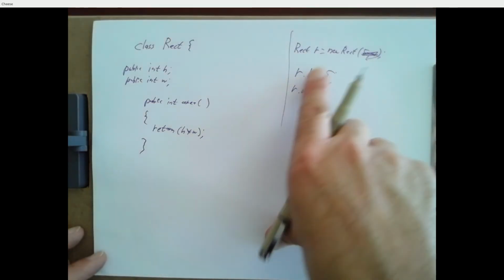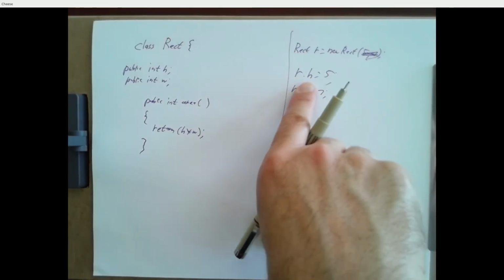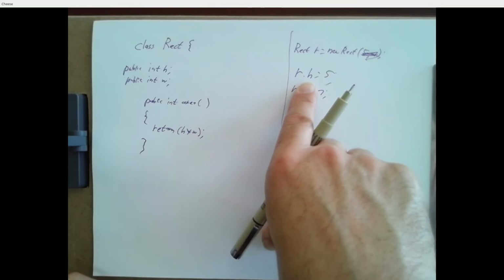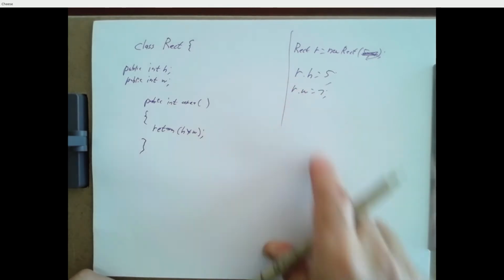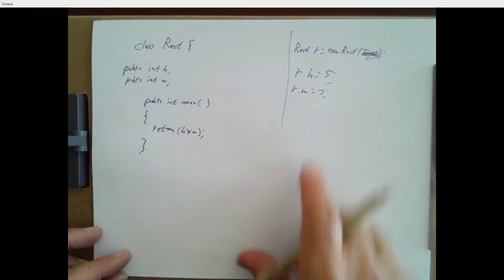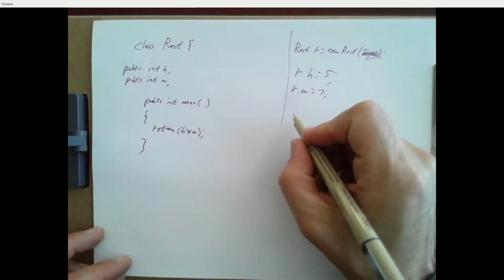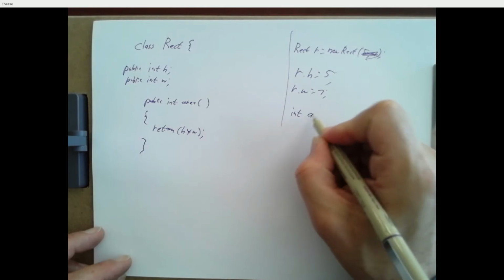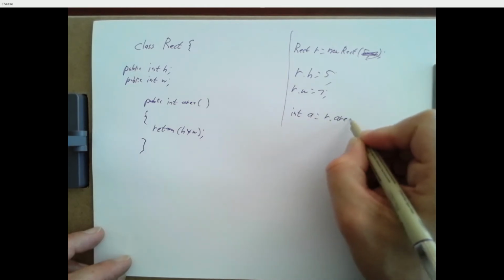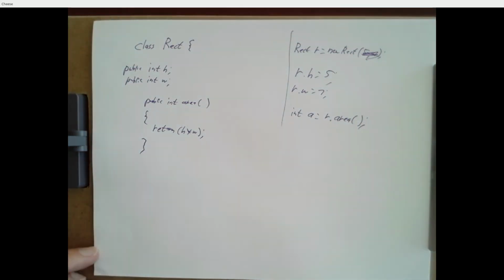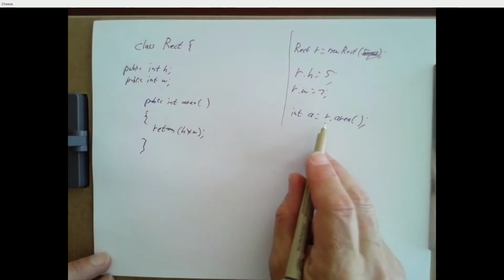So r is an instance of a rectangle, r.h is one particular height of that rectangle, right? If I have a new rectangle r2 and I do something with r2.h, that's different from r.h, okay? And I can also say something like integer a equals r.area. And r is an instance of a rectangle.